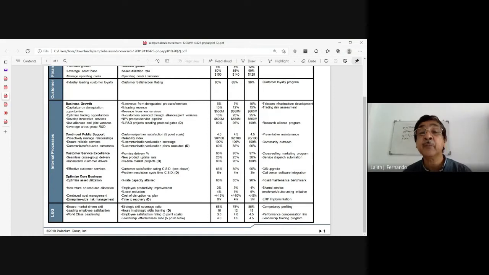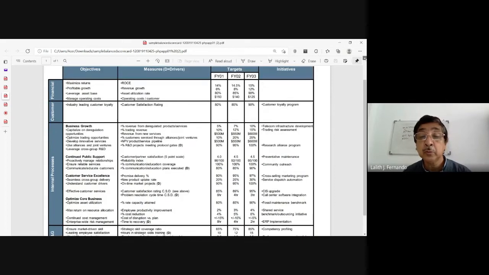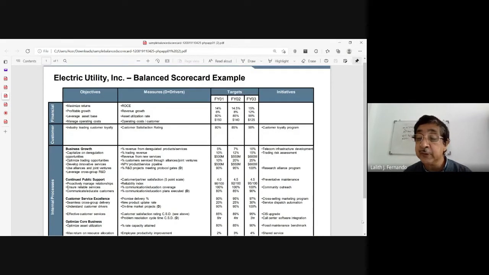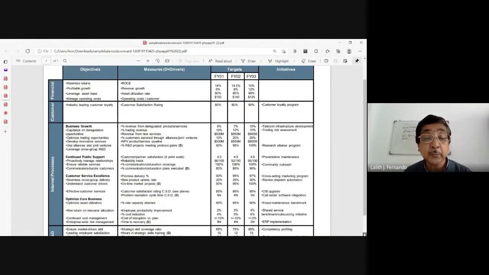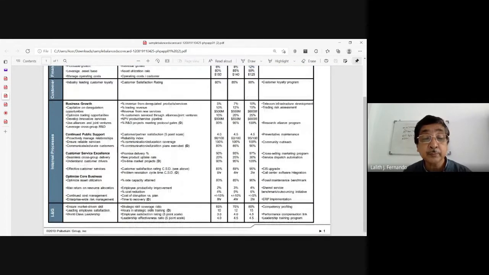So here, this is the utilization, or the hours really assigned for strategic skill training. Only 10 hours assigned in the first year, but in the second year it is 12 hours, and in the third year it is 15 hours. So that means hours for skill training are allocated at a higher level as you go into the third year.